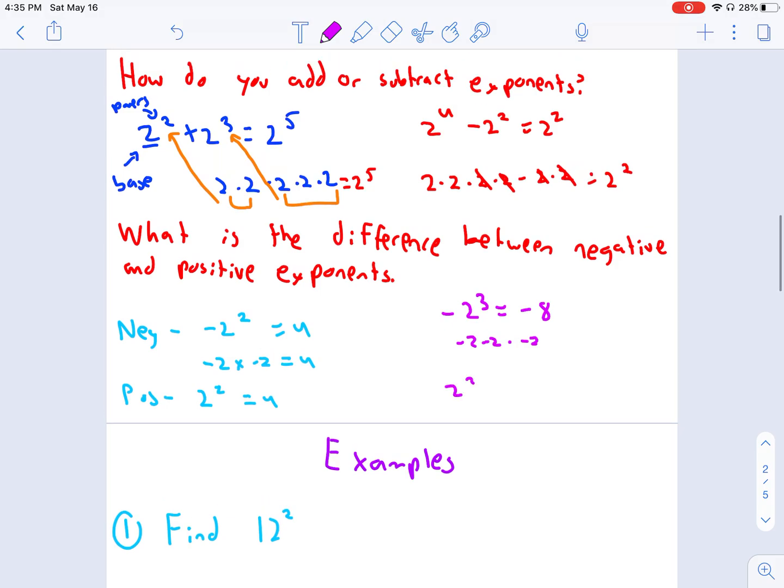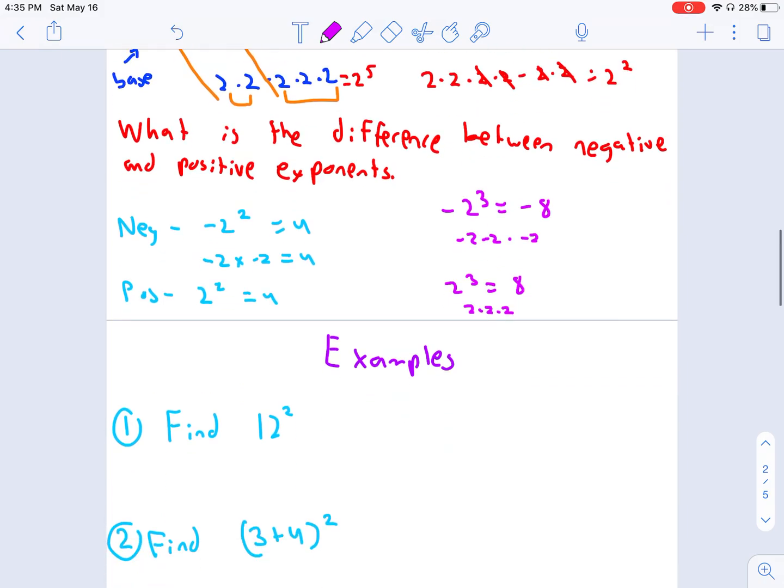But if you do 2 to the third, that's positive 8, 2 times 2 times 2. So just know that if there's an even power, the number will always be positive. And if there's an odd power, the answer will always be negative. But that's only when you're multiplying by a negative base.